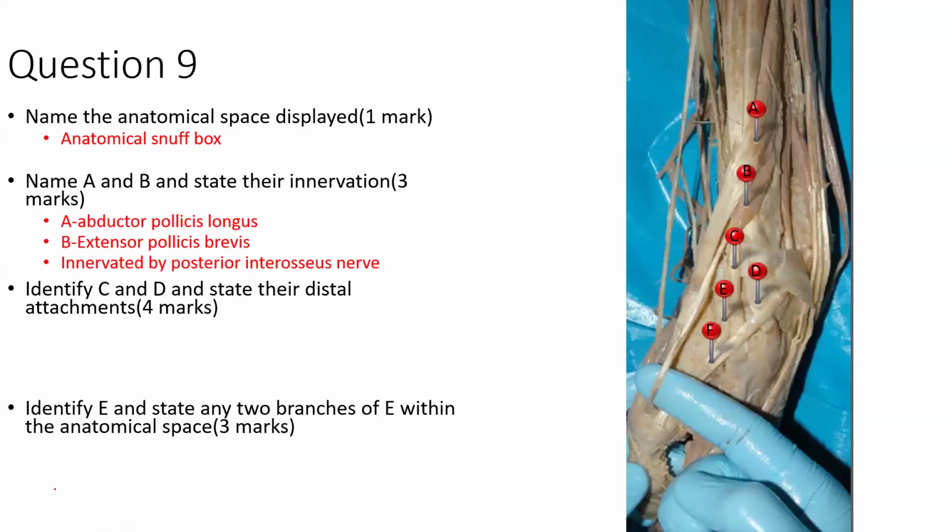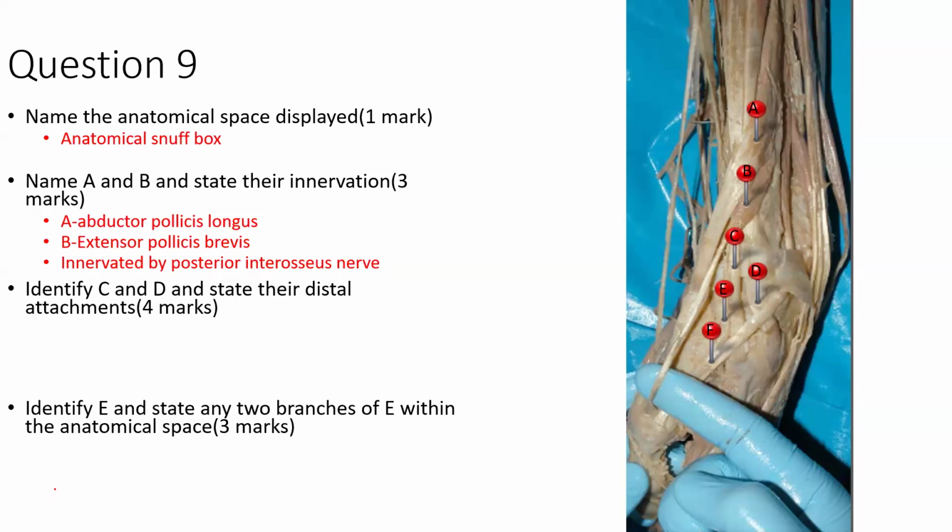What is C and D, and where are they attached? What is C? Extensor pollicis longus. Is C extensor pollicis longus? No, I think we will disagree on that.